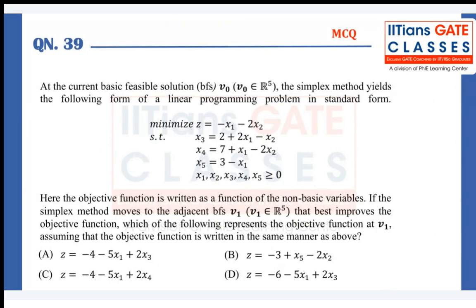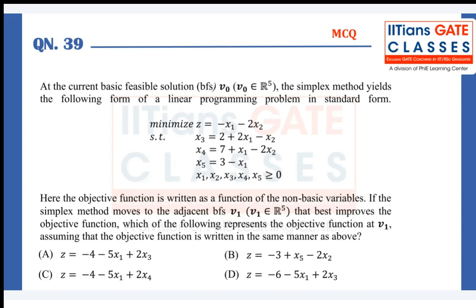Now, again, another 2 marks question, a linear programming problem. Have a look at this. I will just read the question and we will solve this in a simple way. At the current basic feasible solution v0 in R^5, the simplex method is applied to the following linear programming problem in standard form.